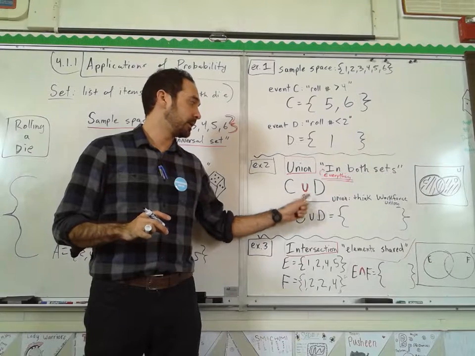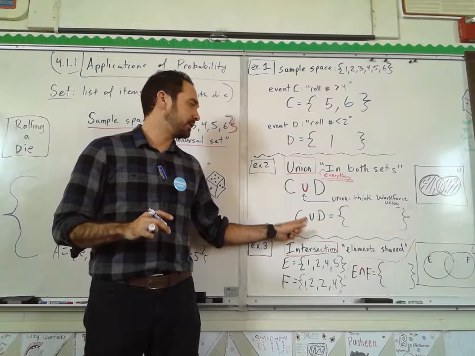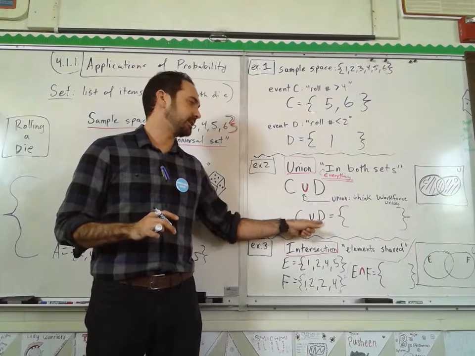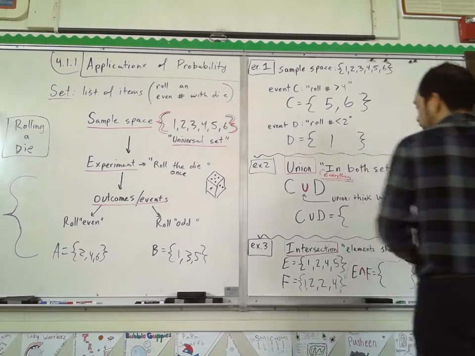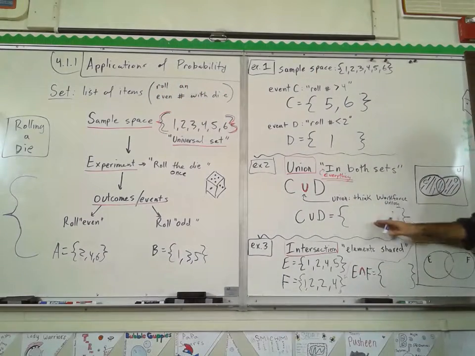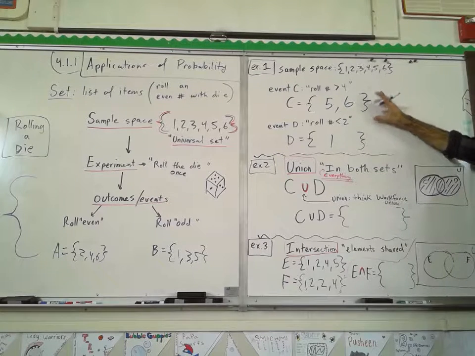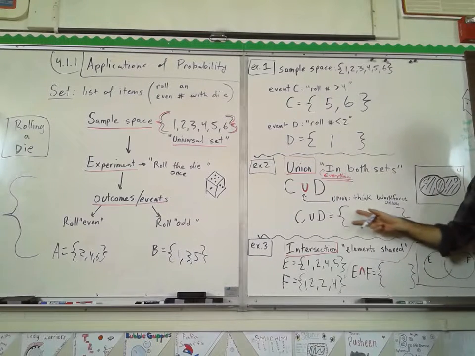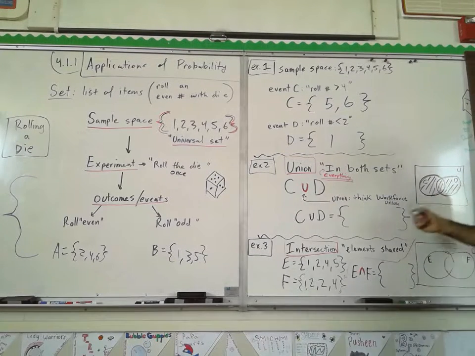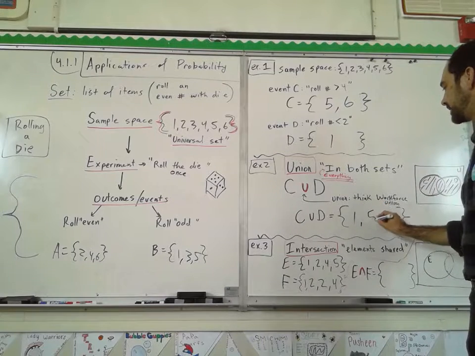So if I'm looking for the union between set C and set D, what should I put as far as my union goes? If up here is set C and here is set D, it's everything in both sets. So what should I put in my set right here? Yeah. Notice too, what kind of order did I put those in?